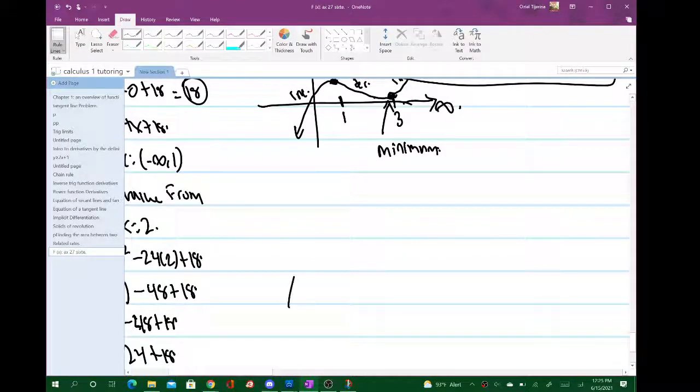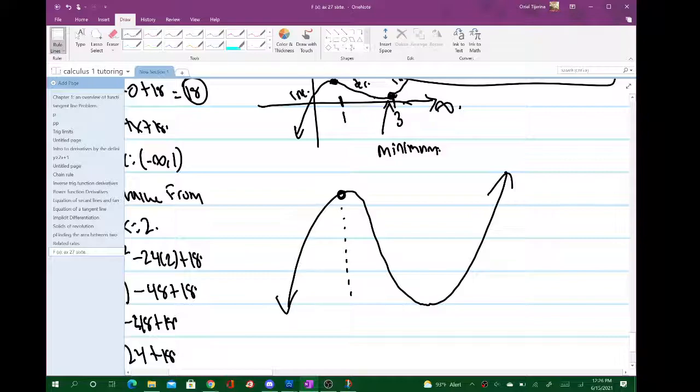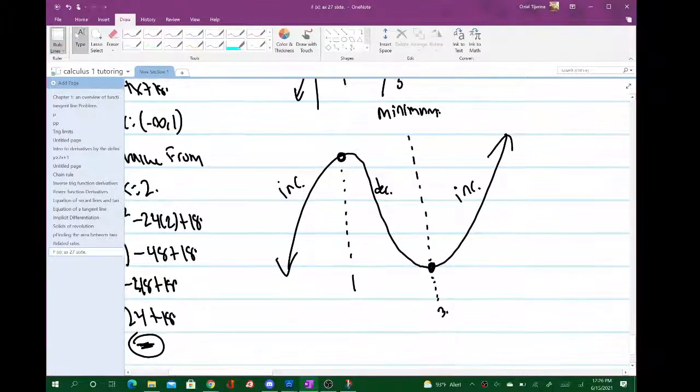Because you see it goes increasing, and then it's decreasing, and then increasing again. So it looks like this. This is at x equals 1, and then over here it's at x equals 3. So you see here that there is a maximum, and over here there is a minimum.